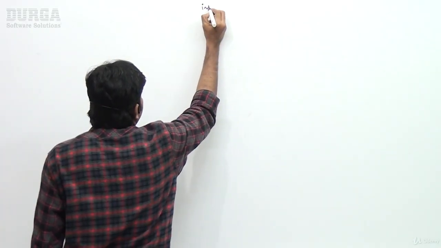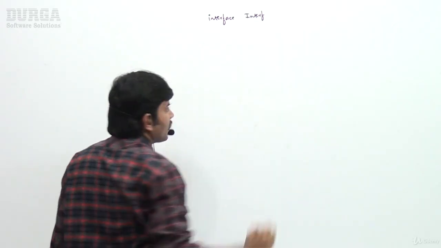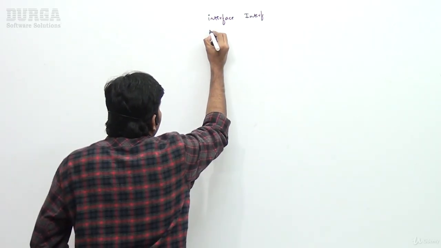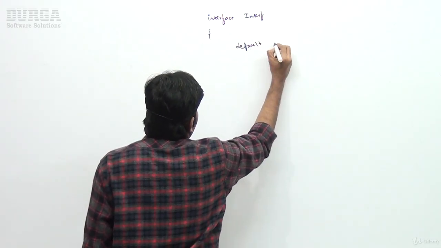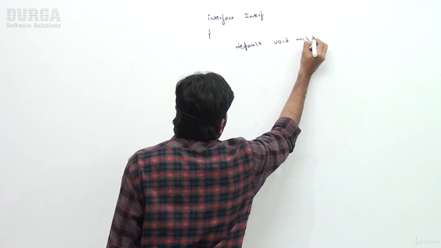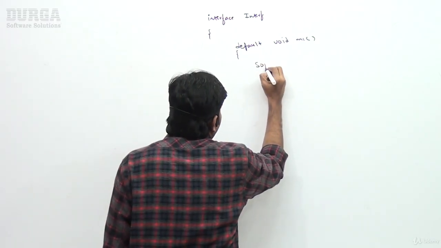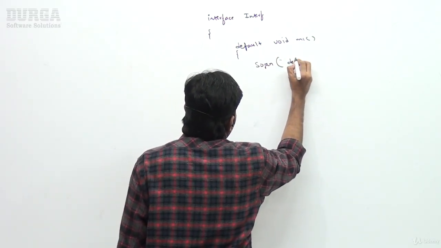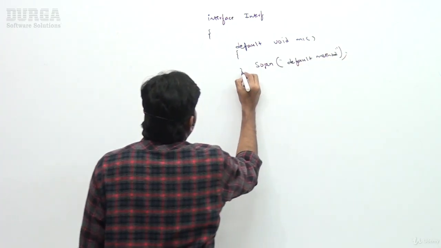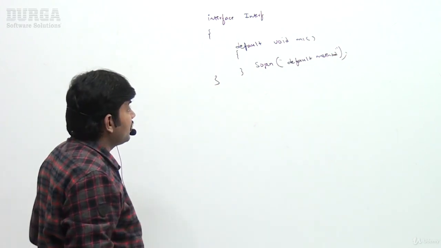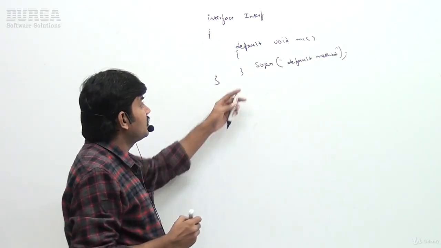Here I have interface Interf, and inside it default void m1, with System.out.println("default method").